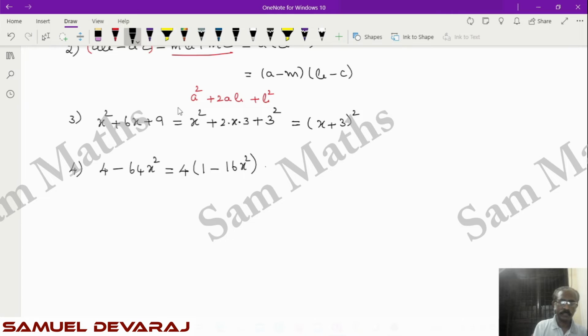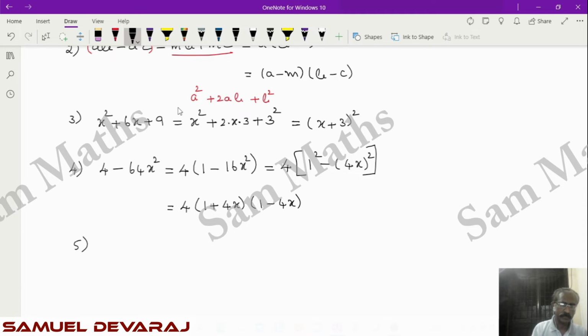Now, we can write this as 4 into 1 square minus 4x the whole square. Now this is equal to 4 into 1 plus 4x into 1 minus 4x. Okay, children. So you can factorize this.